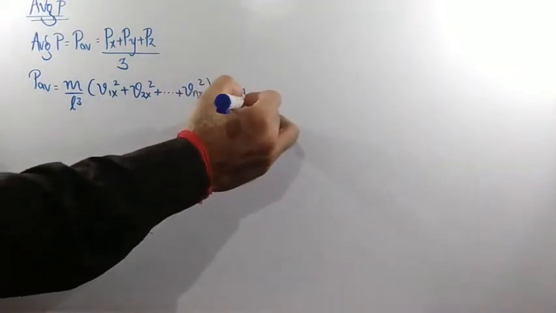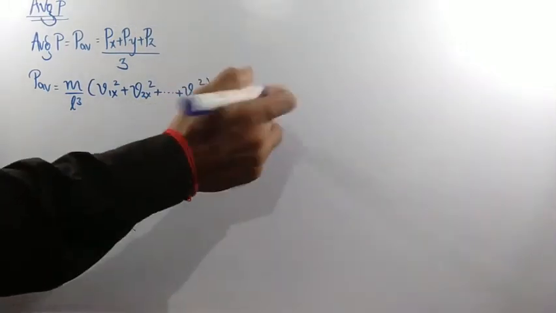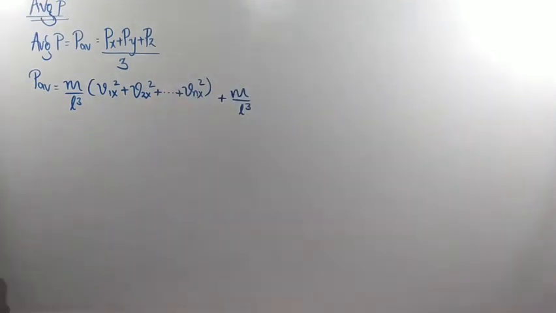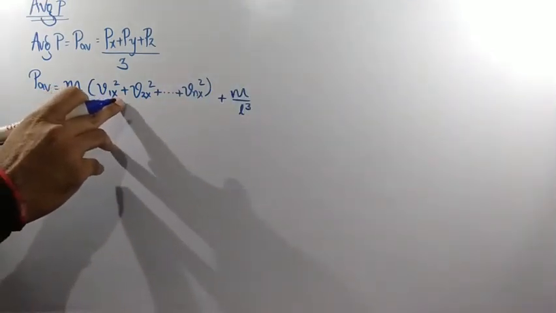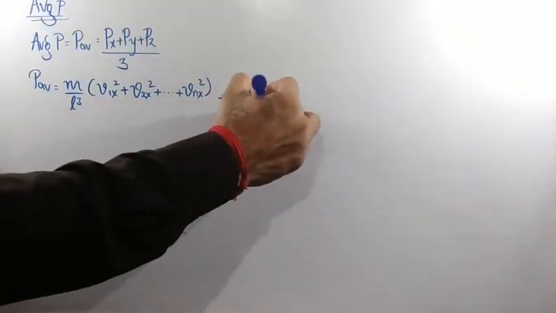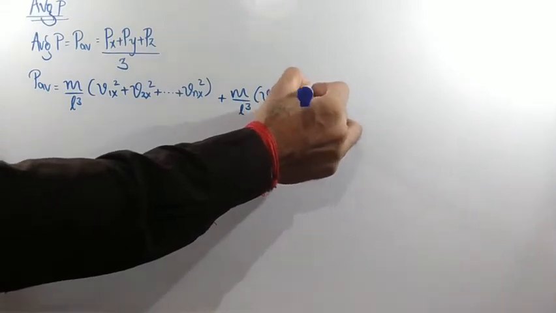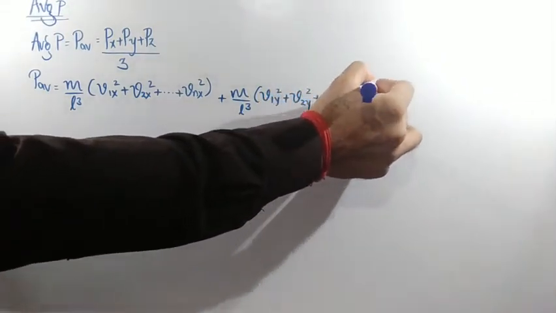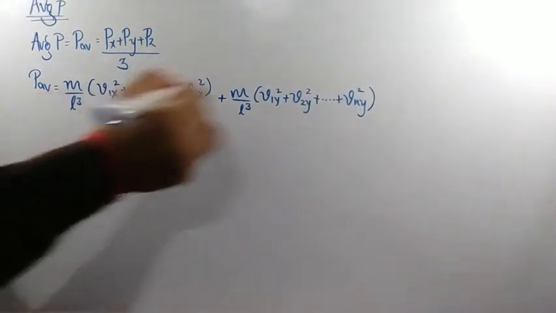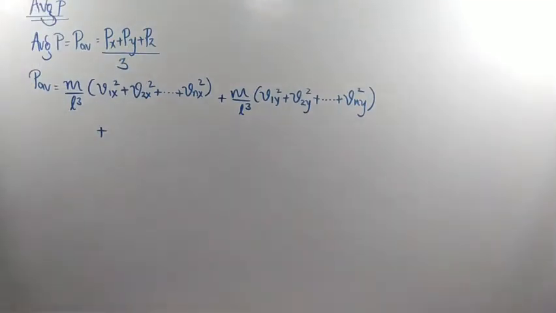Plus Py is again m by L cube, m divided by L cube, inside the bracket v1y square plus v2y square plus so on plus vny square. Plus one more term, the Pz term.